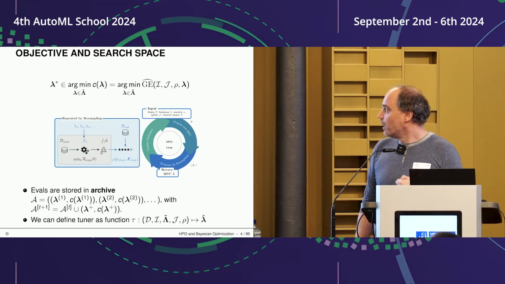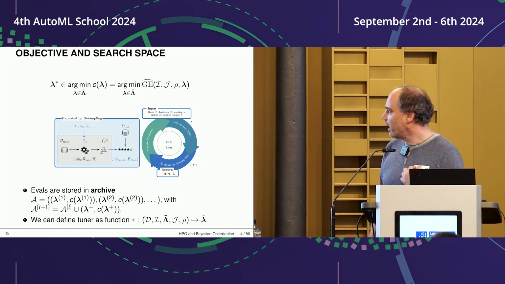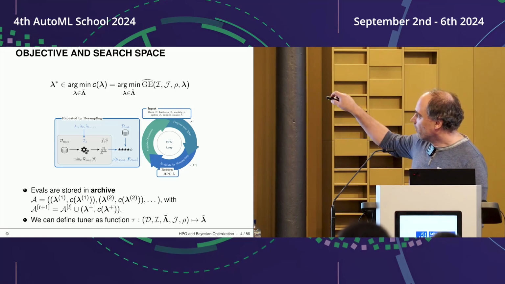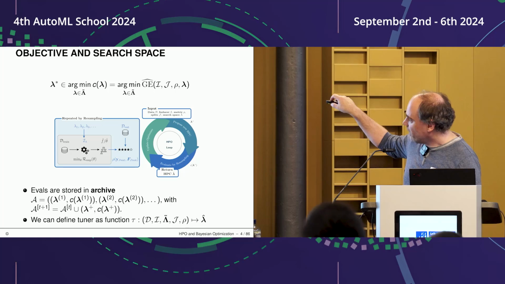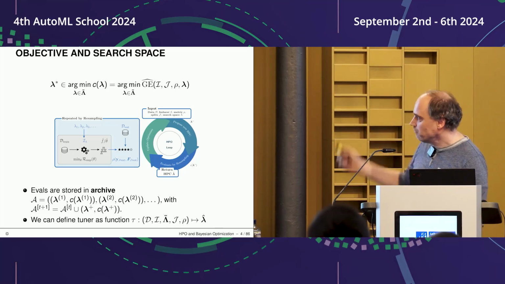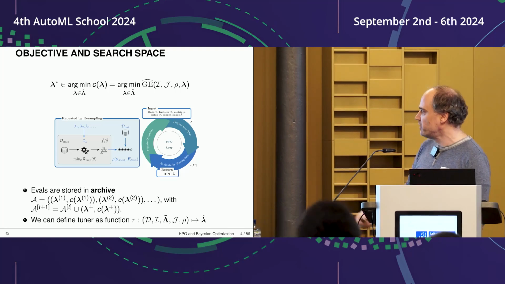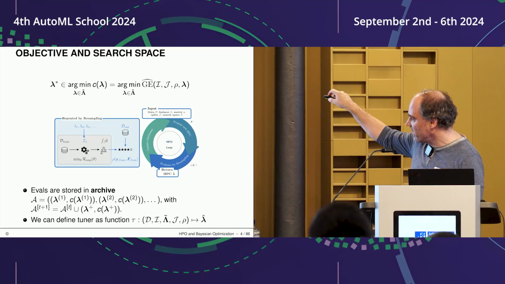evaluate on the validation set with the given metric rho, and use that as a feedback value. And how does that look from a high-level perspective for our HPO optimizer? We are optimizing by iteratively proposing one or maybe multiple new configurations, the acronym for this being HPC, hyperparameter configuration, lambda plus here.